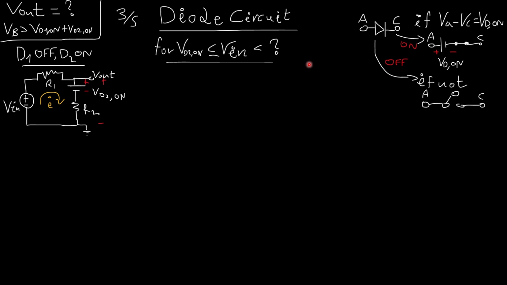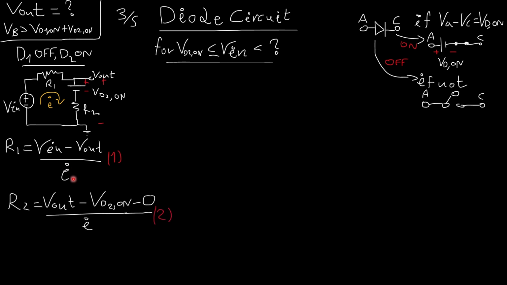And in that case, if I take Ohm's law for the resistor, it should be Vin minus Vout over I. Again, Ohm's law for R2. The voltage here, if you remember this point A, is equal to Vout minus VD2 on because we enter a negative terminal.